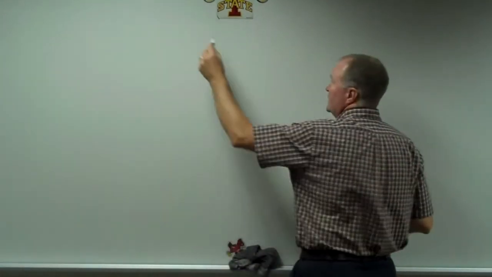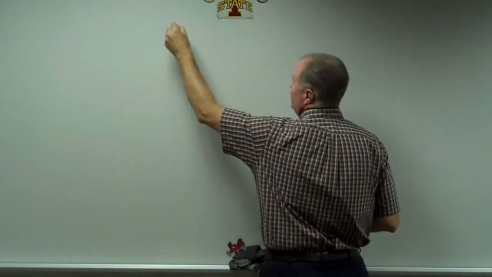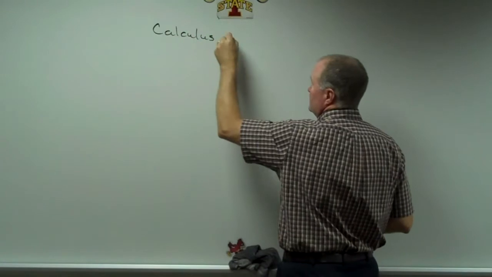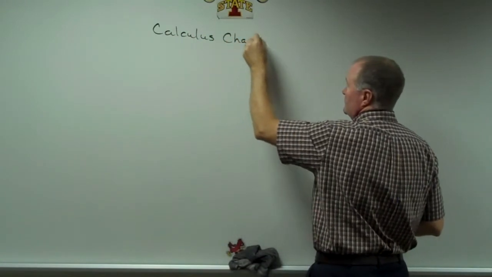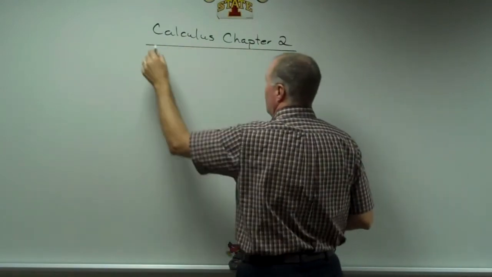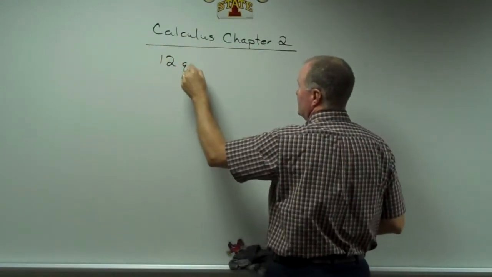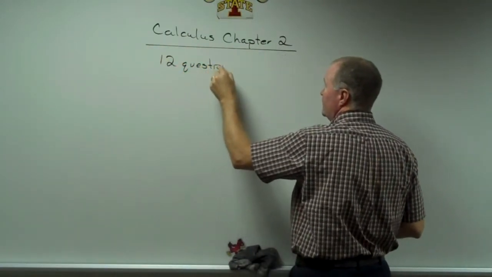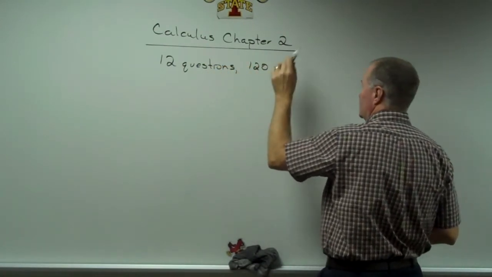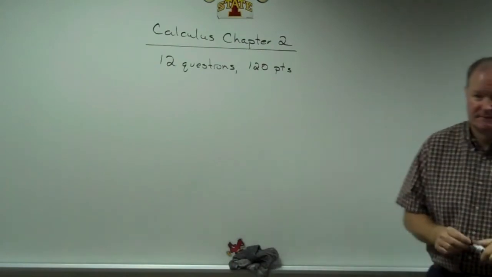12 questions. You can use your blue sheet. I don't think you're going to need your gold sheet. But 12 questions, 120 points, 10 points each.